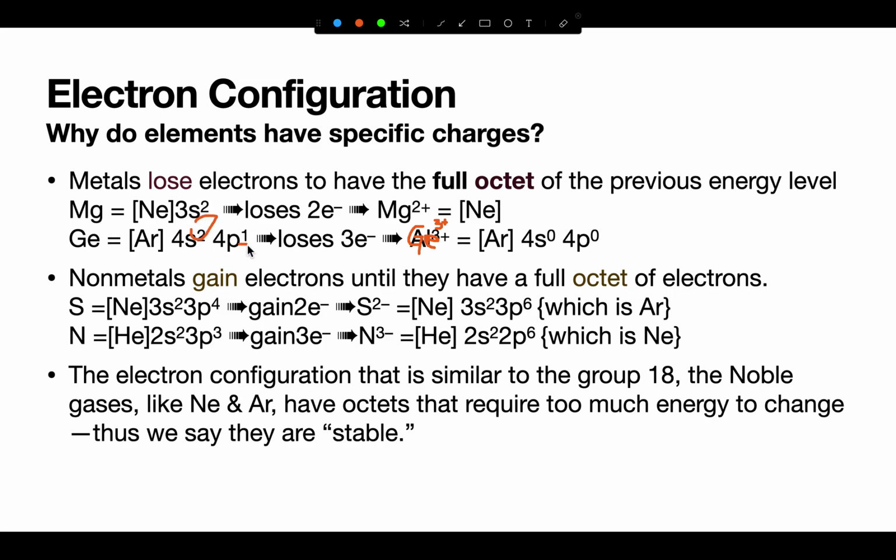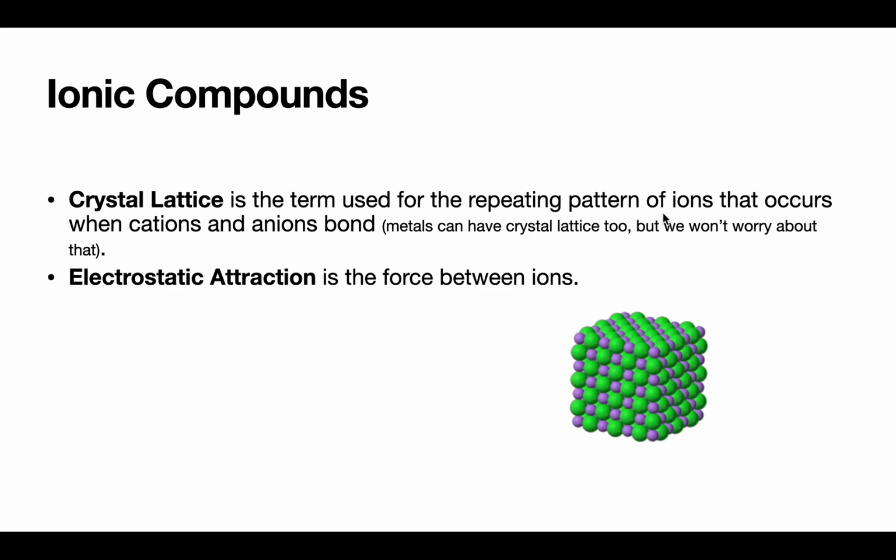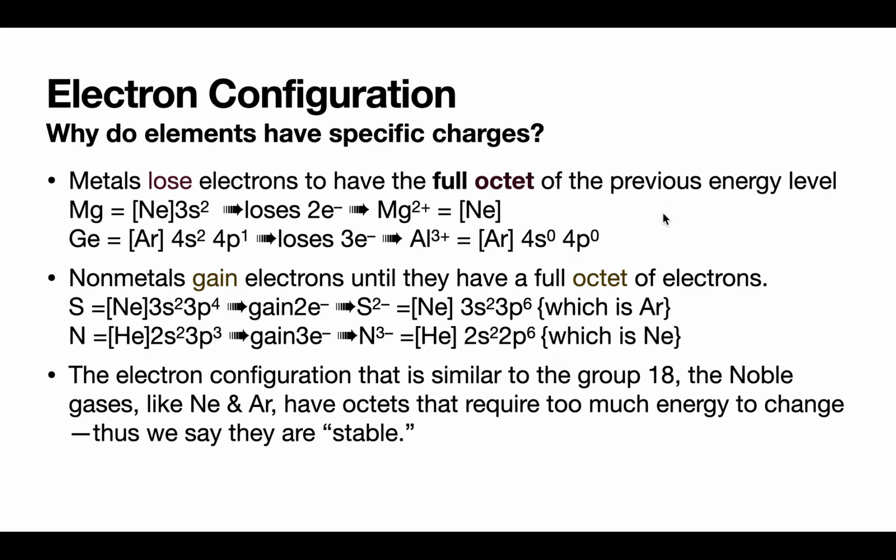Now, positives happen when there are 3 or fewer electrons in the outer shell. So that would be groups 1, 2, and 13.